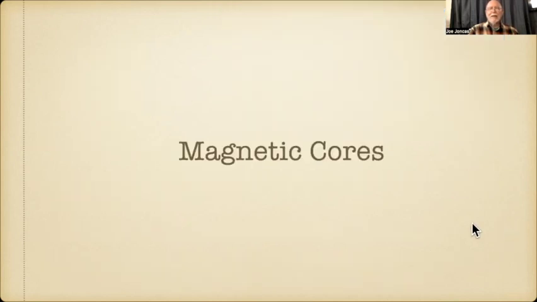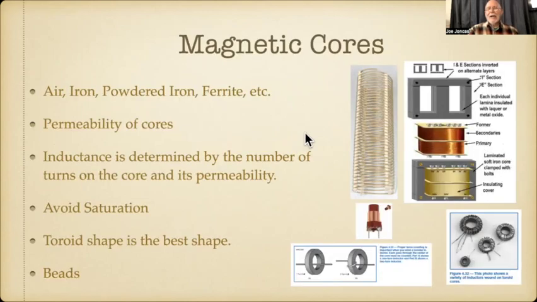Now, magnetic cores. This is a subject that you should get to know fairly well. Now, let's take a look. There are all kinds of cores. Let's just start looking here.